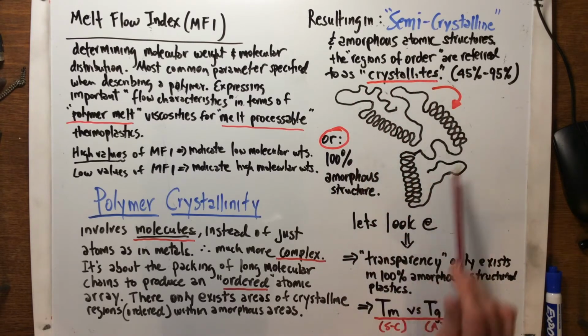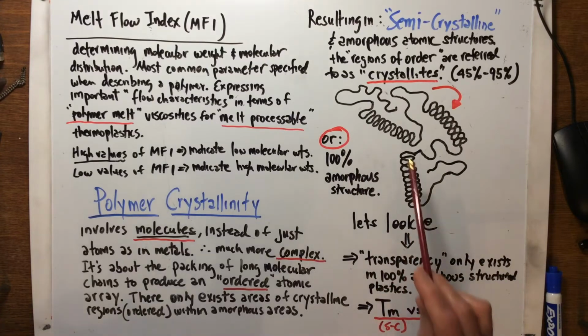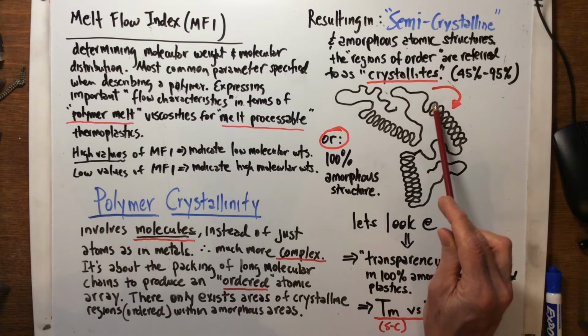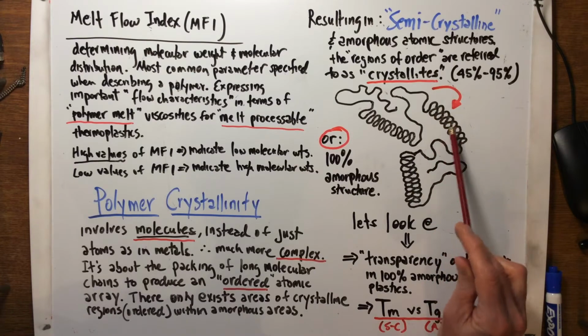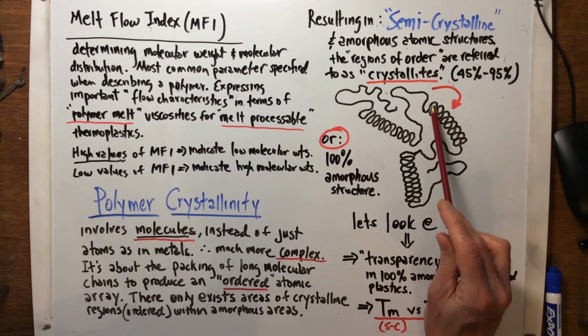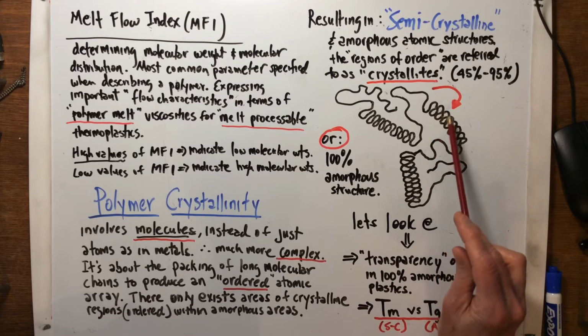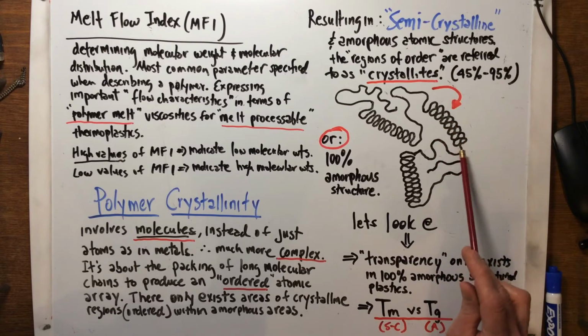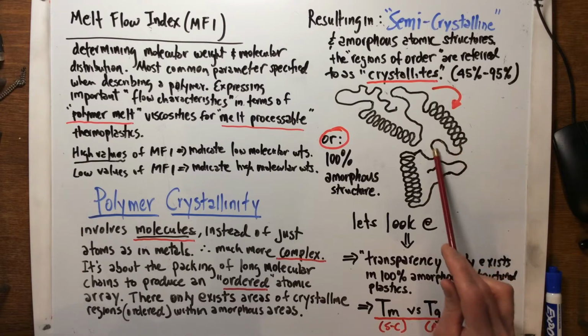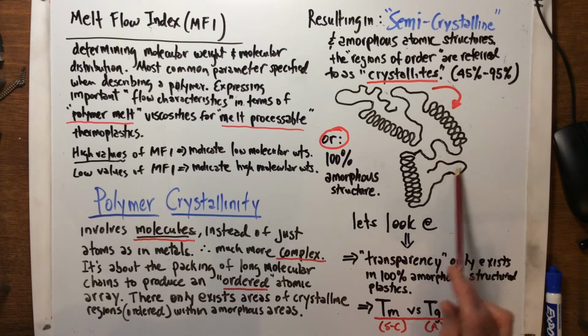Now I've drawn here something of what it kind of looks like, but this obviously is this region, a kind of accordion, kind of stacking back and forth. This is this chain that is gaining some orderliness to it, and then it goes off and starts going into more of an amorphous, just kind of willy-nilly arrangement.